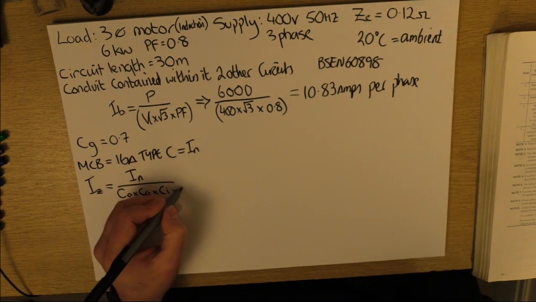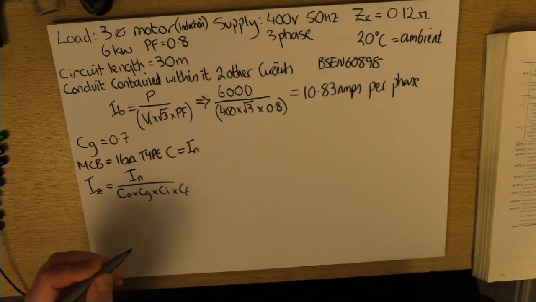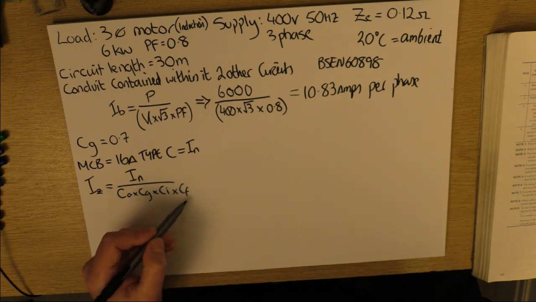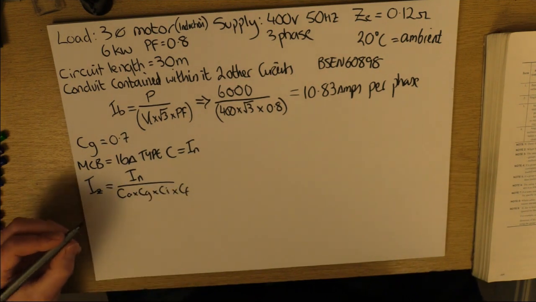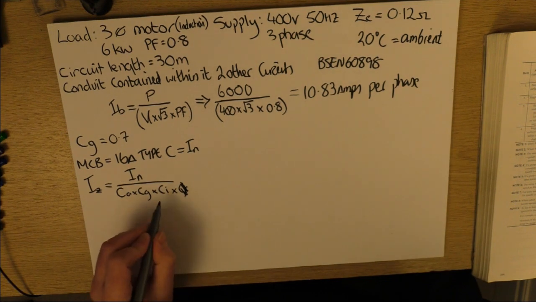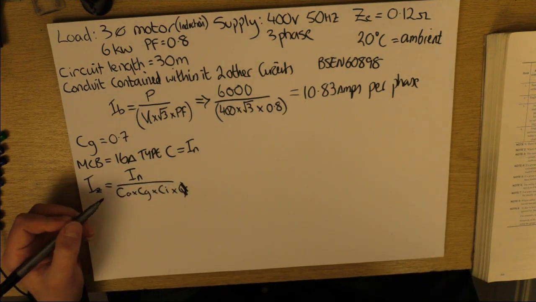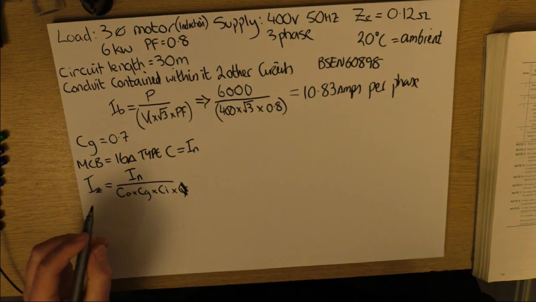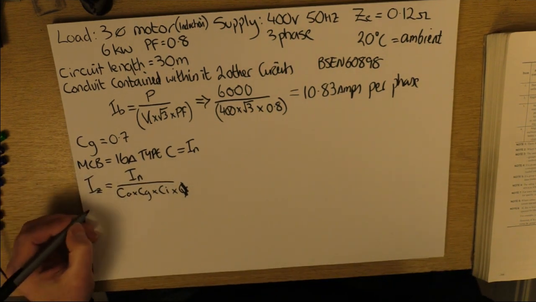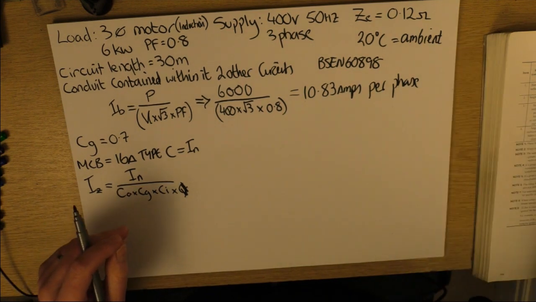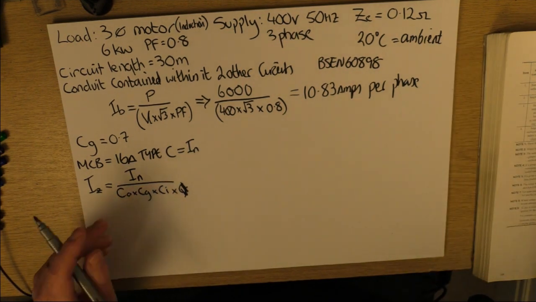You could be using a rewirable fuse, and that needs a factor as well, and that's just because they're useless, so we won't be needing that. But you might come across them in the real world and you might want to check this stuff, and so that's why it's important to understand what that is. It's 0.725, but you can find that in the regs around the same area.